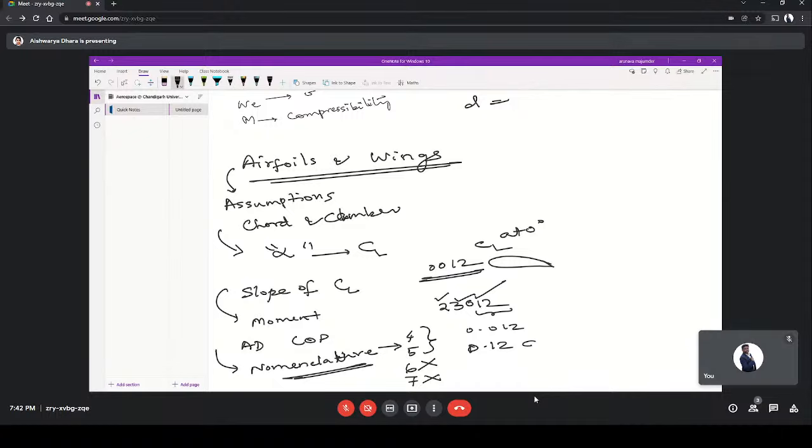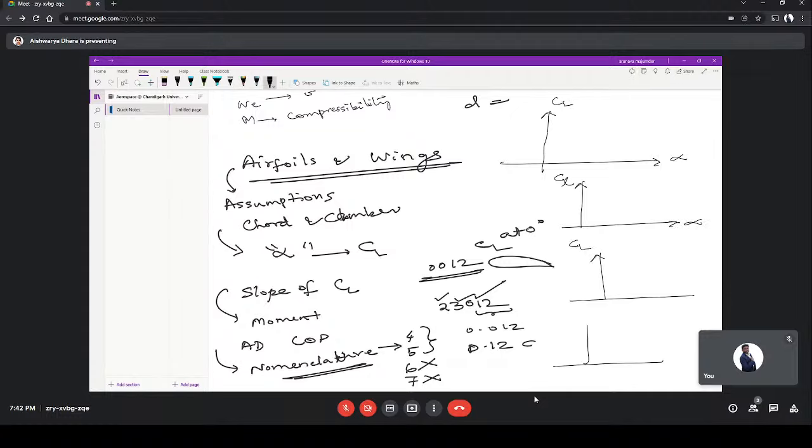Now the GATE people always try to make you confused. If they give different types of graphs, one could be alpha versus capital CL, and another alpha versus small cl. Here I'm talking about the airfoil. Which of the following graphs is going to be correct?